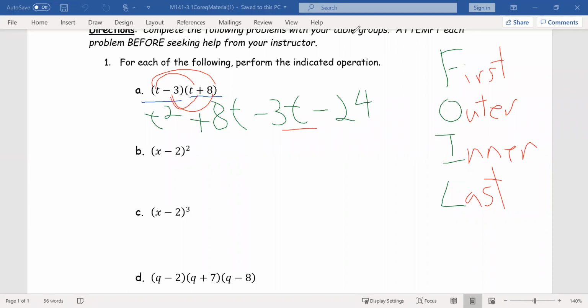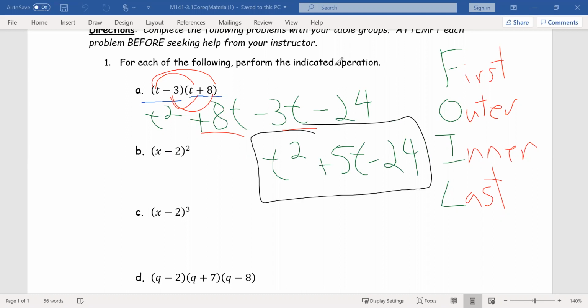Then we have some like terms we can combine, the plus 8t and the minus 3t. When we combine those, we end up with t squared plus 5t minus 24. And that's our answer on that one.